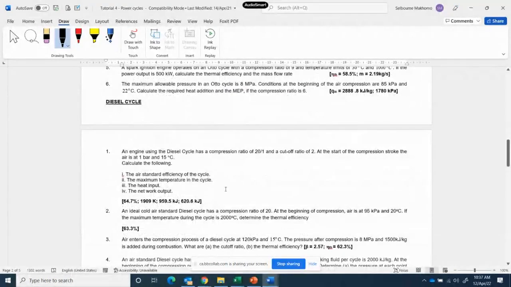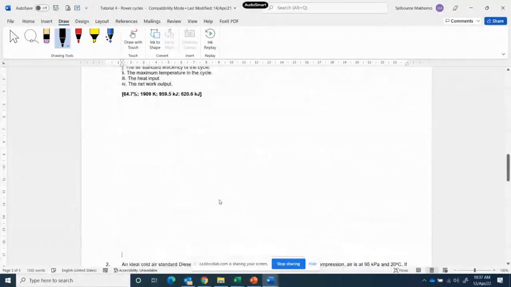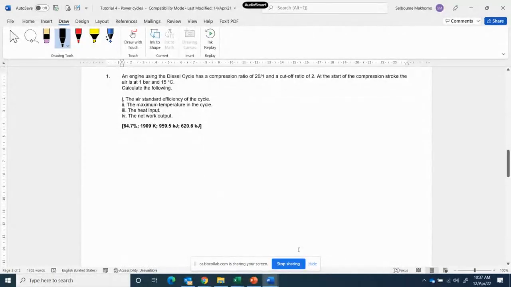Right. So let's attempt question one of a diesel cycle. An engine using a diesel cycle has a compression ratio of 20:1. Now listen to this. You remember in the earlier question the compression ratio was 8 because it's petrol.